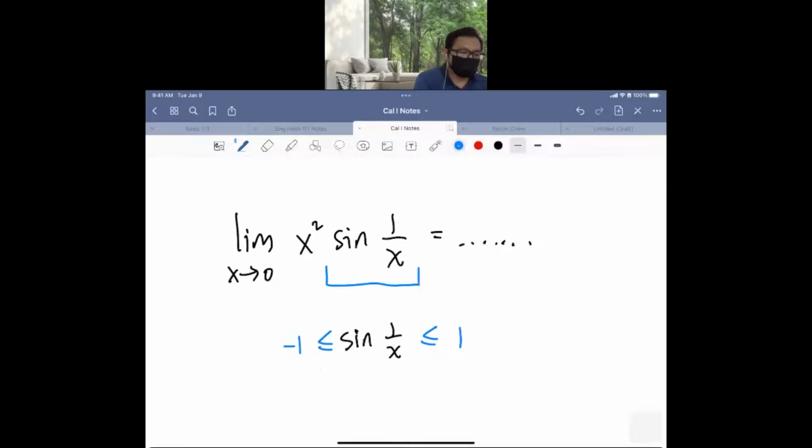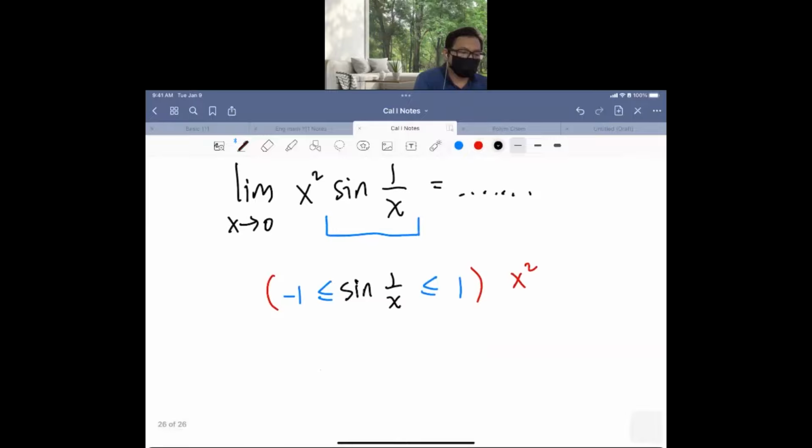And if we want to multiply with x squared, we can have this inequality.